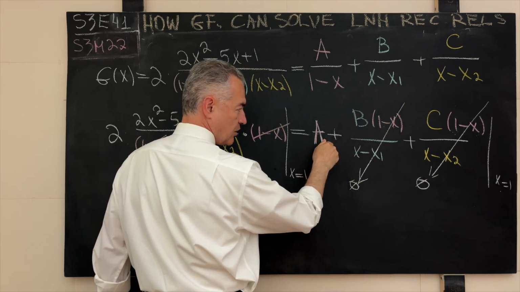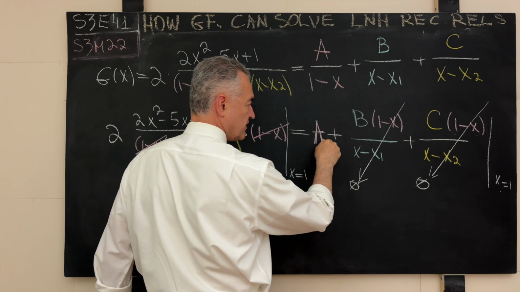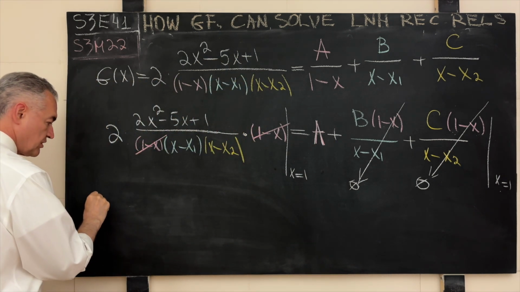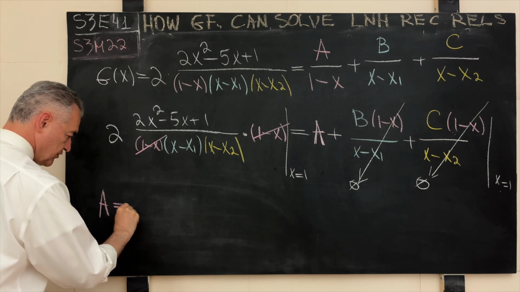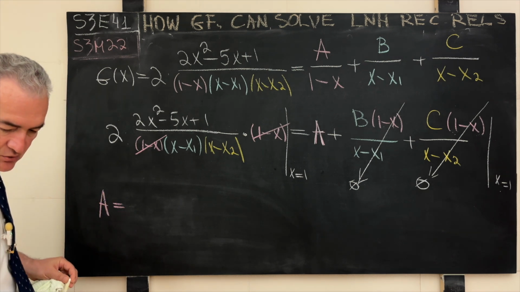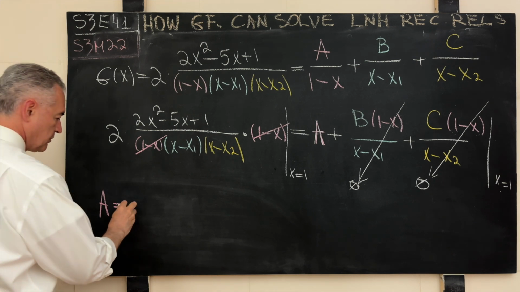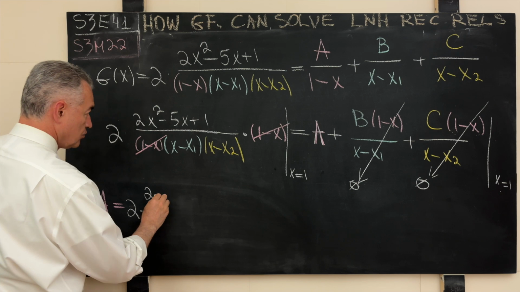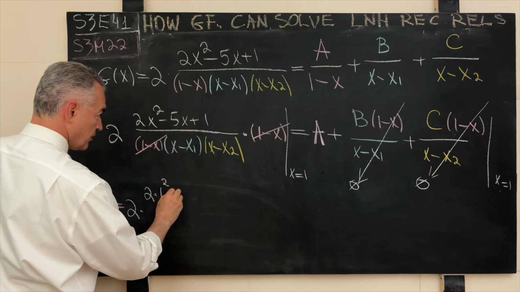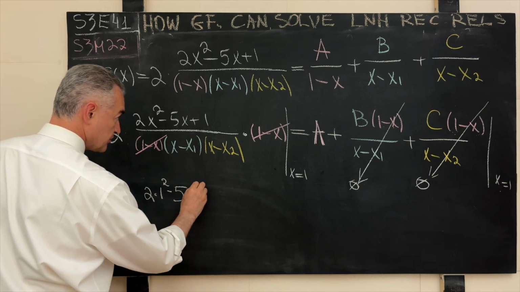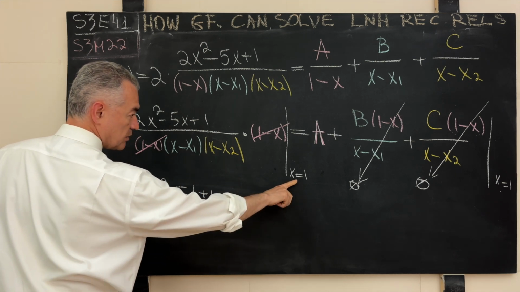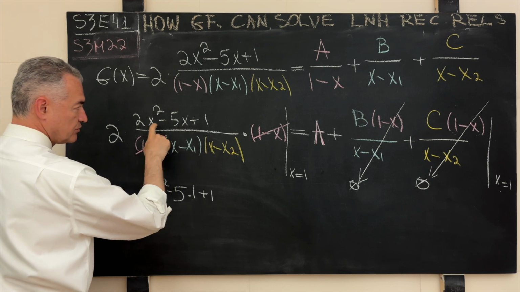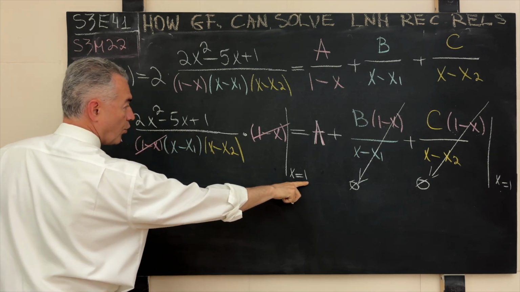And this is how we automatically, in some sense, obtain the value of the coefficient a. So the value of this constant a will be what? It will be 2 times (1 squared minus 5 times 1 plus 1), because remember, at x equal to 1, we replace all the variables x uniformly with this specific value, 1.